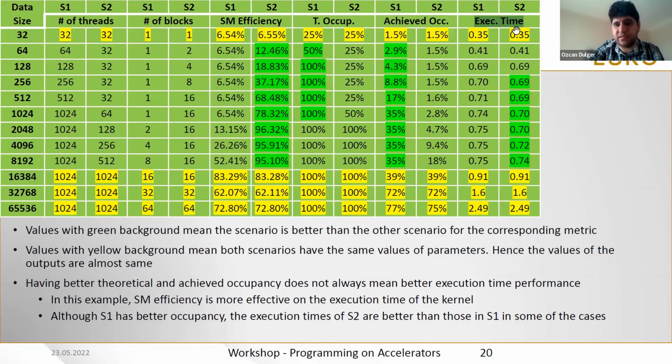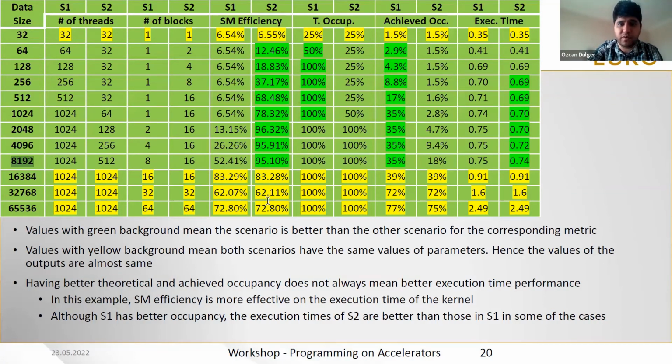But when we check the execution times, the execution time of the second scenario is better than the first one for the data size between 2^9 and 2^13, as you see. So the execution time of the second one is better than the first one.